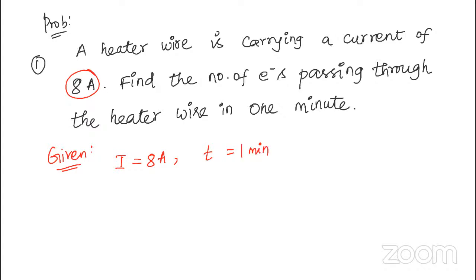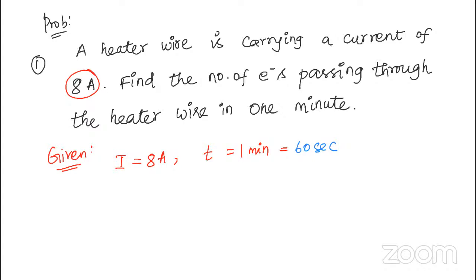Minutes we have to convert into seconds. So that is 60 seconds. Right? So this information is given. Now they are asking the number of electrons passing through the heater wire in 1 minute.